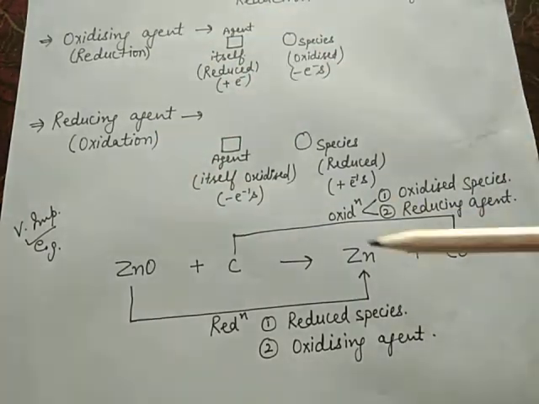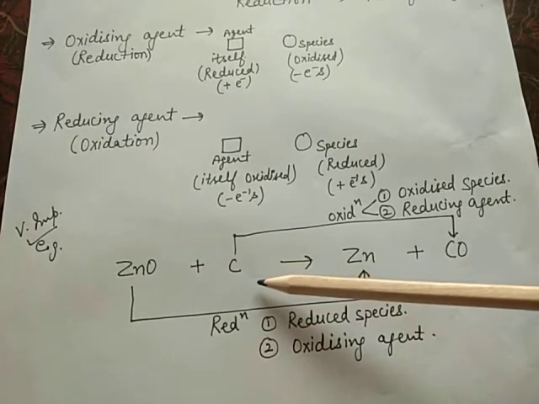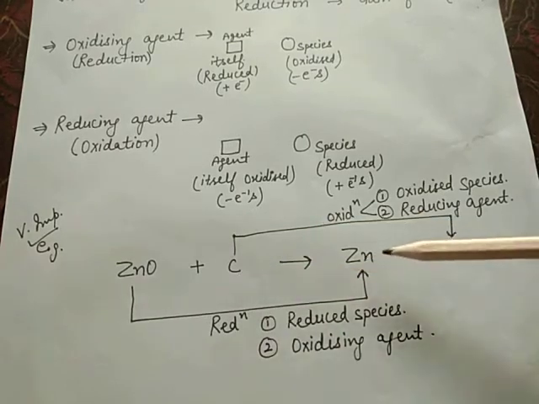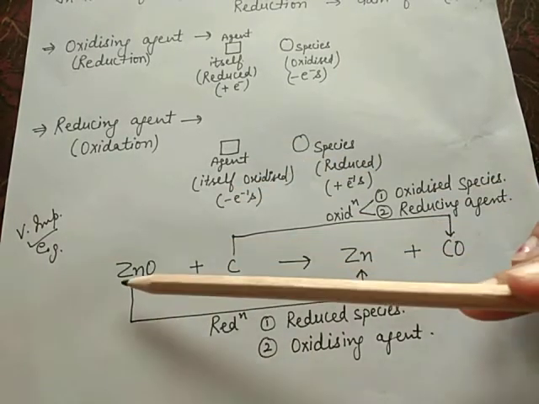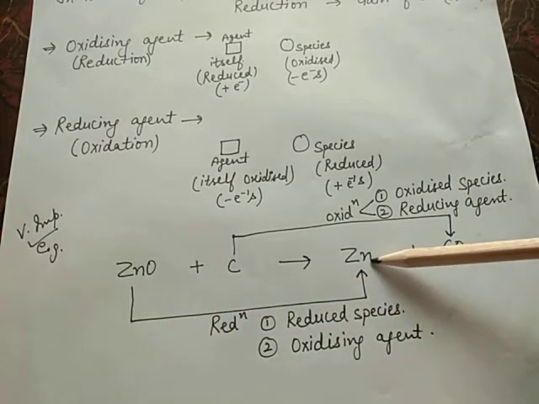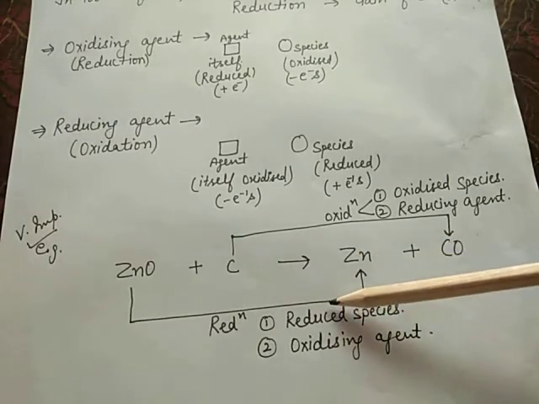Now we can explain with the help of an example. ZnO plus carbon, Zn plus CO. Zinc oxide changes to zinc. Here the loss of oxygen takes place.